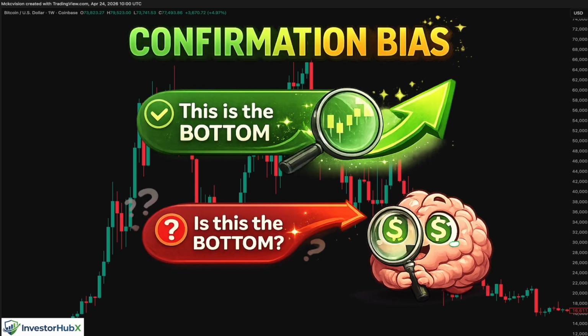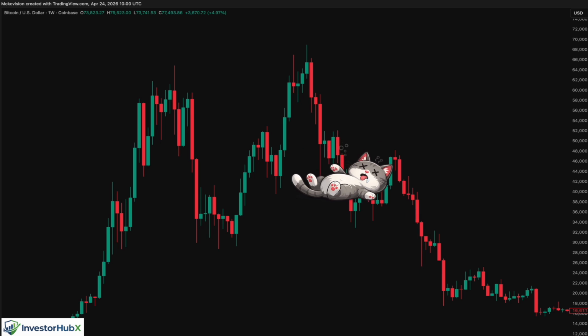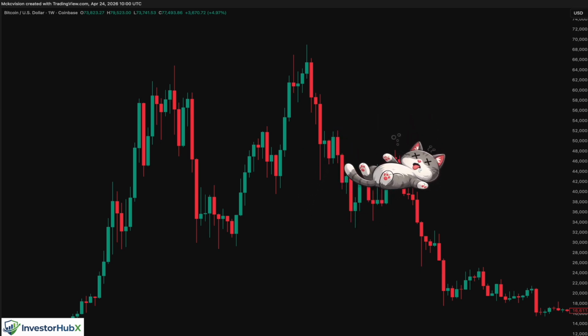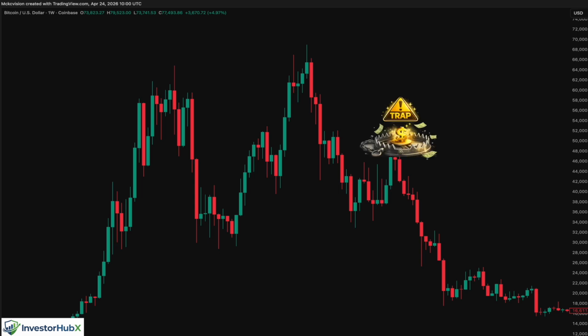Instead of asking, is this really the bottom? Traders start looking for reasons to believe that it is. And that's what makes a dead cat bounce so dangerous. It feels like relief. It looks like recovery. But in reality, it traps the very people who are trying to call the bottom. A dead cat bounce is not a reversal.